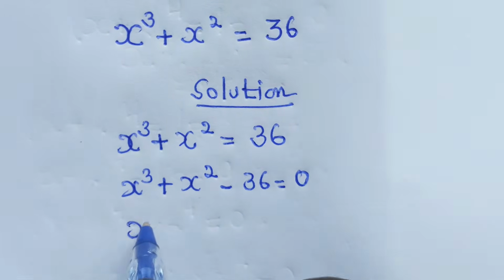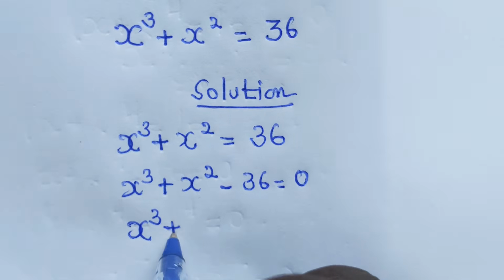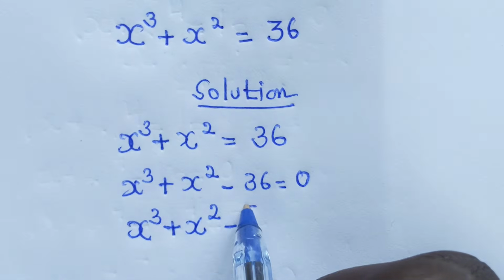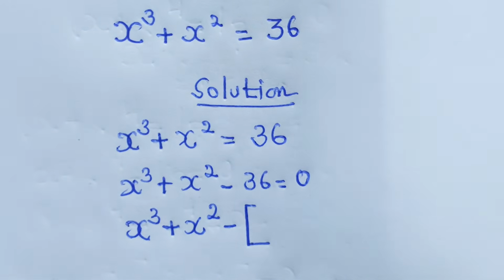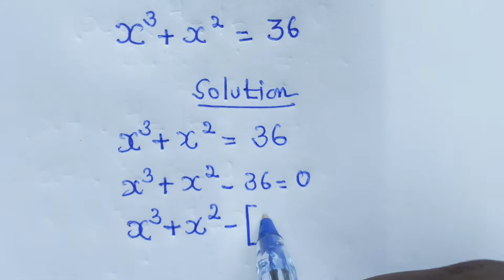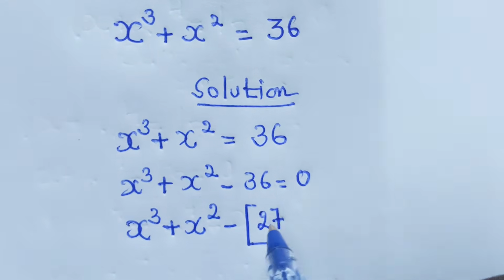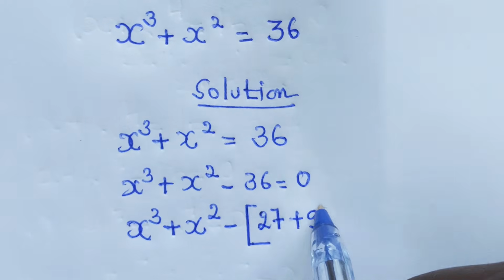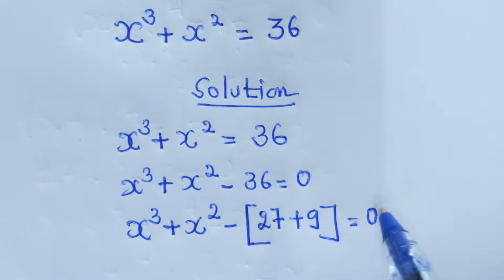And we have x^3 plus x^2 minus, this 36 can be written as 27 plus 9 equal to 0.